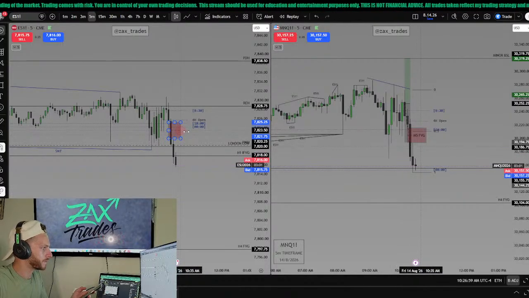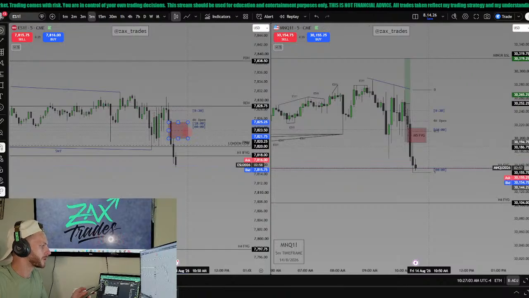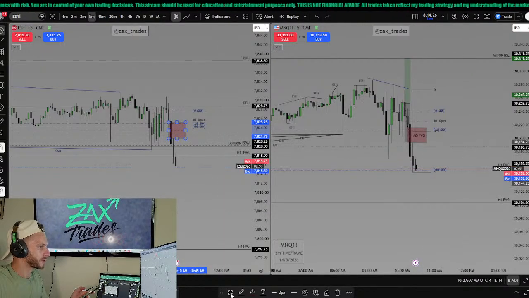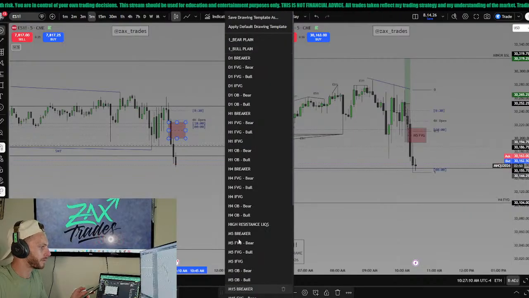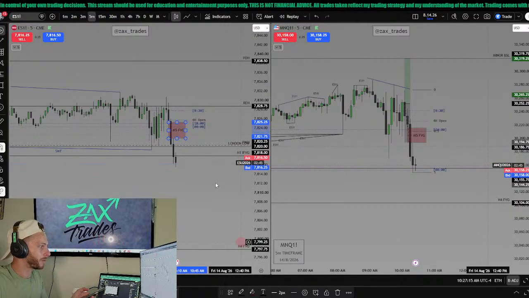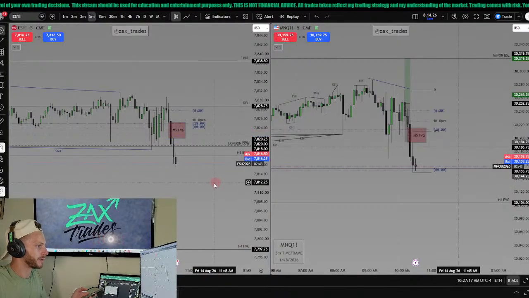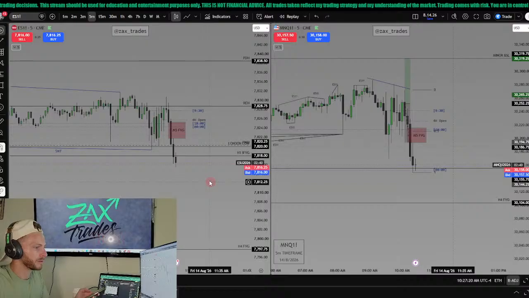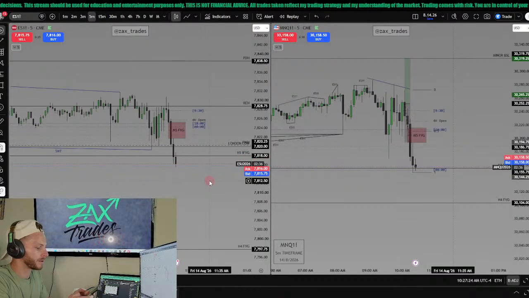Because at 10:30 we get a new 15-minute, we get a new 30-minute, and those can potentially manipulate in the opposite direction enough to give us that 5-minute FEG tap. And ideally, that would be the 30-minute high and that 15-minute high. So we got about 3 minutes to that.